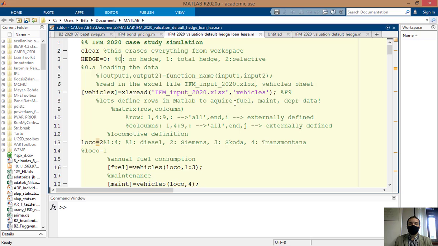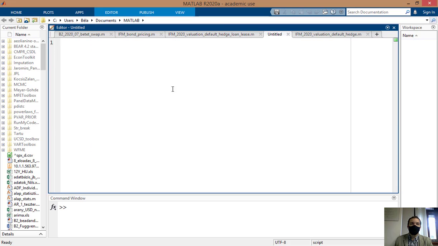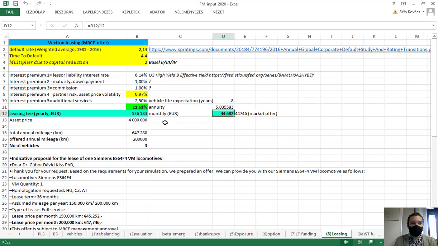So let's see. First of all, lease pricing. We are doing this as a standalone, and then we will add it to the script. So what do we need here?